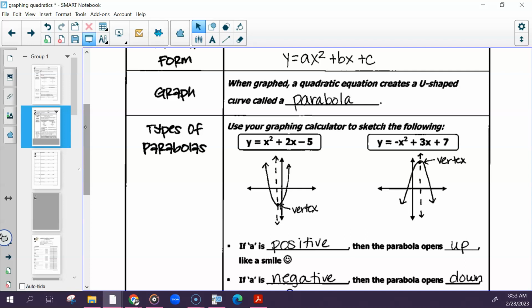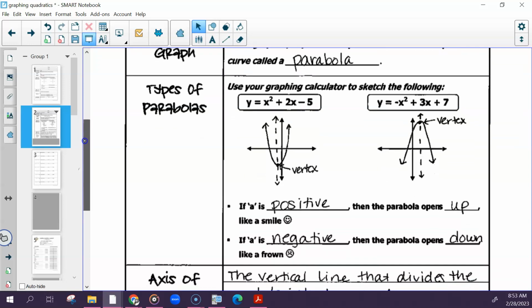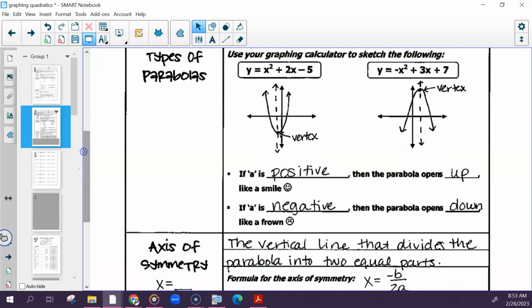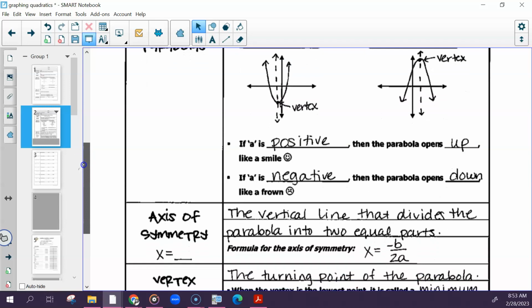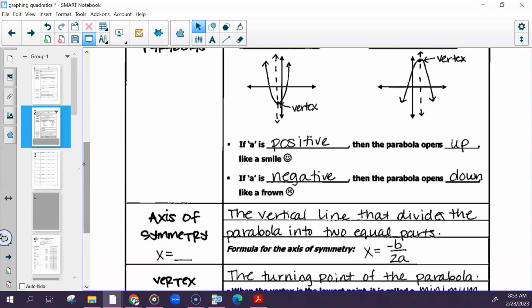Anyone still need these first two things? Matt, make sure you're writing this down.